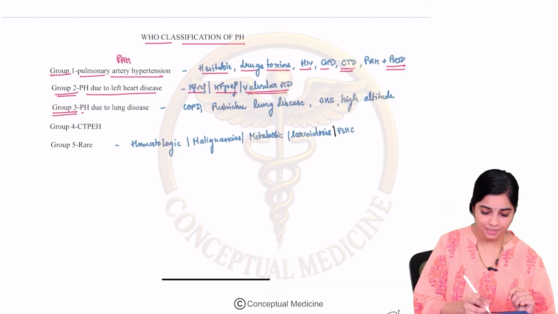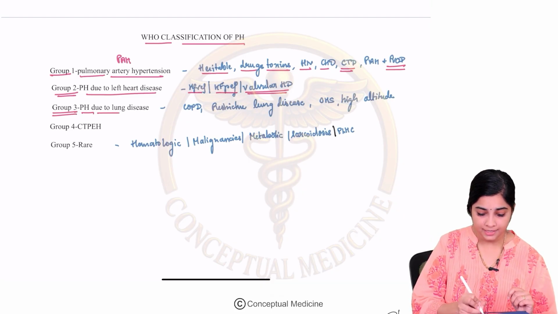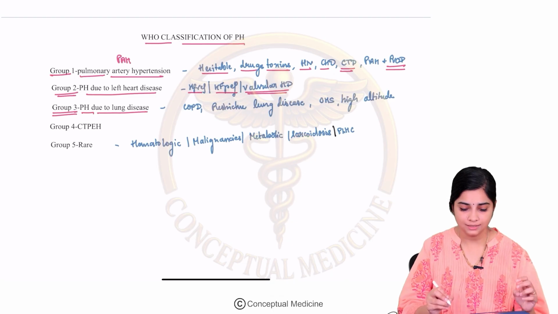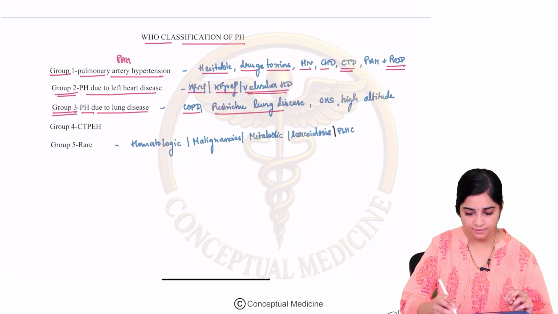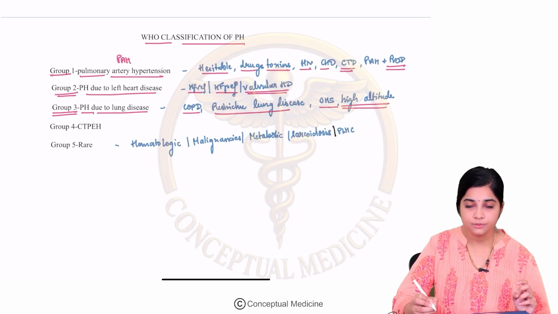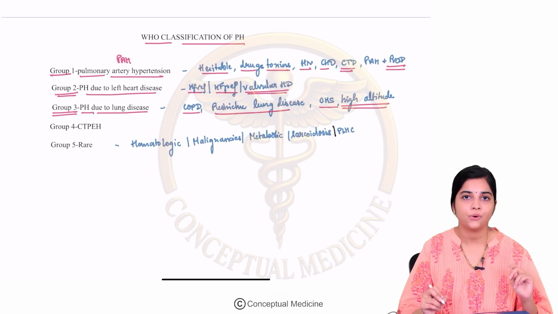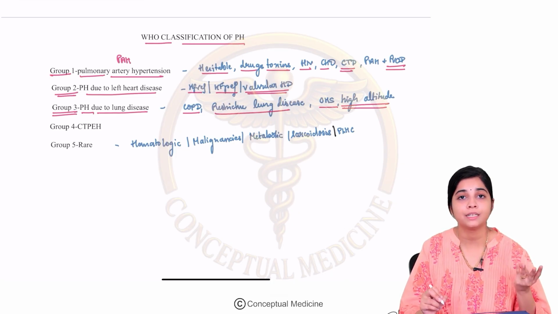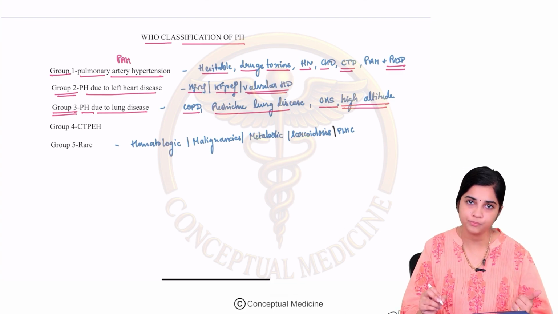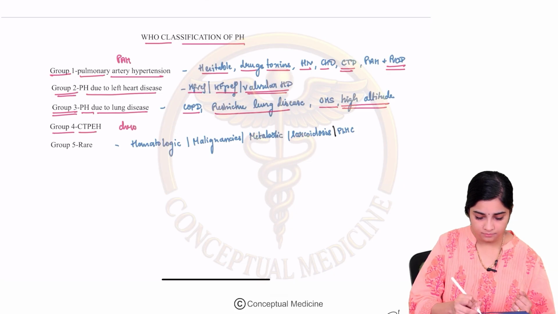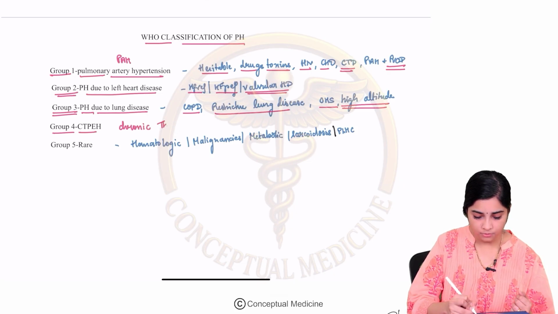Then group 3 is pulmonary hypertension due to an underlying lung disease like COPD, restrictive lung diseases, obstructive sleep apnea and obesity hypoventilation syndrome, high altitude related pulmonary hypertension. All of these are group 3. Group 4 is chronic thromboembolic.